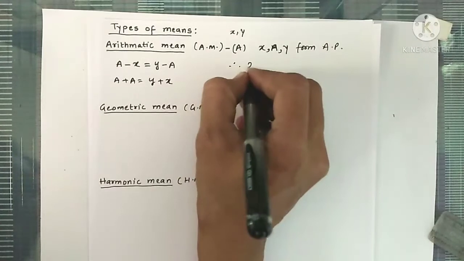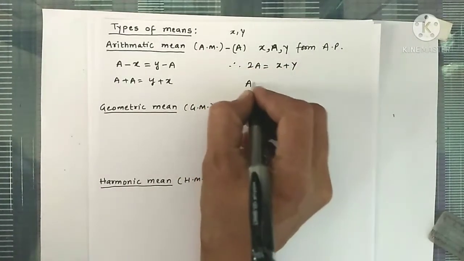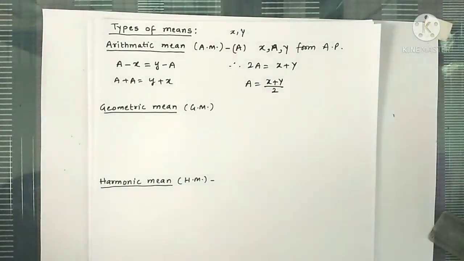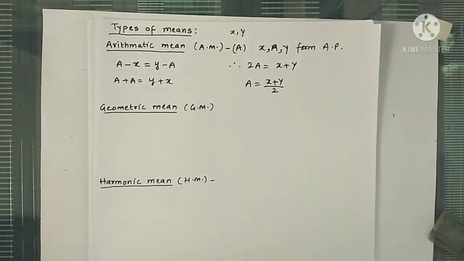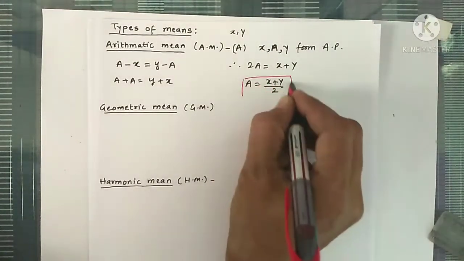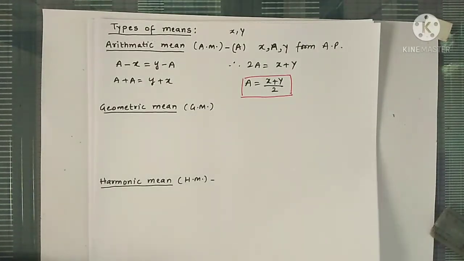Therefore 2A equal to x plus y. Therefore A equal to (x plus y) upon 2. So this is a formula to find arithmetic mean of two numbers. So arithmetic mean is just an average. Add two numbers and divide by 2. So it is average of two numbers, that is arithmetic mean.